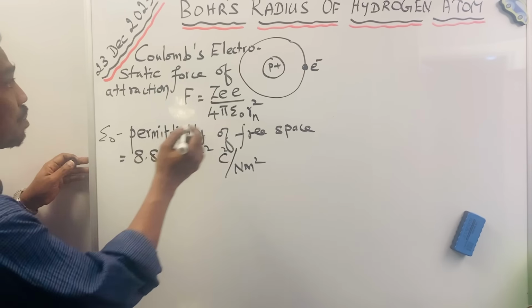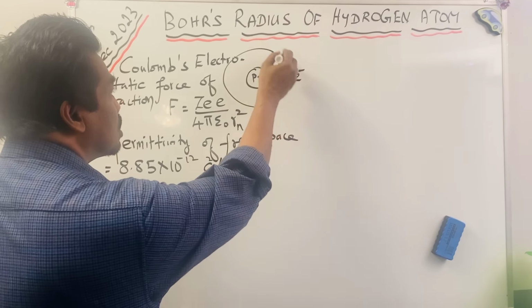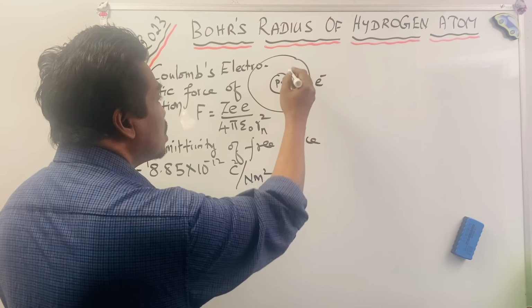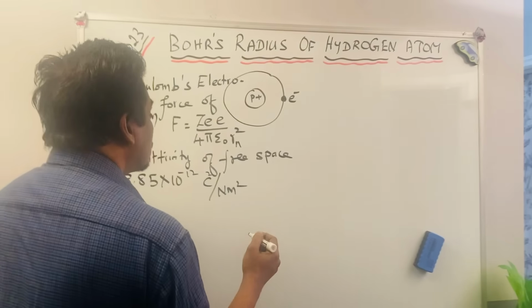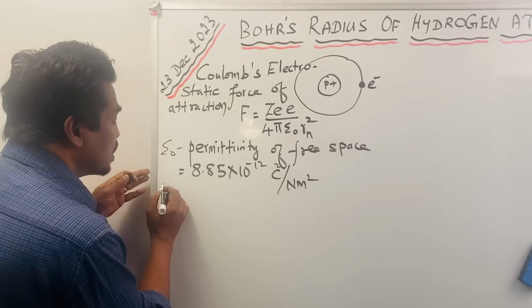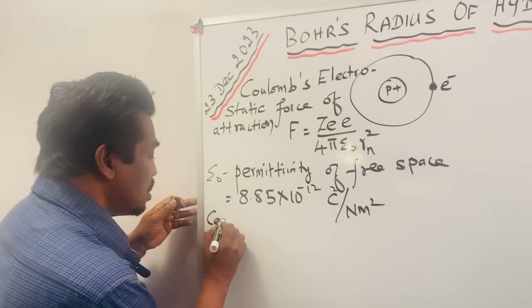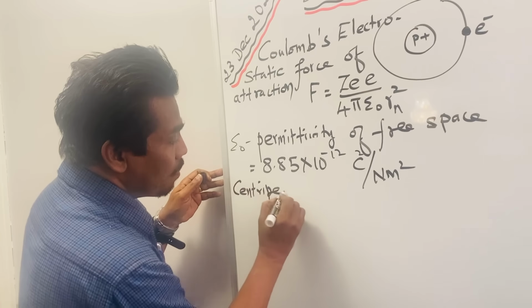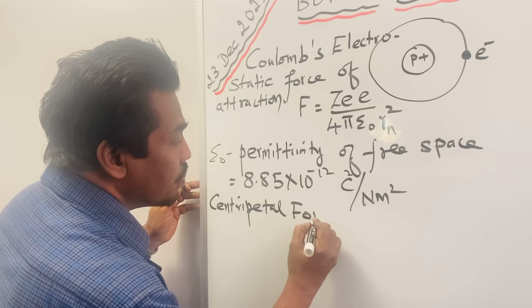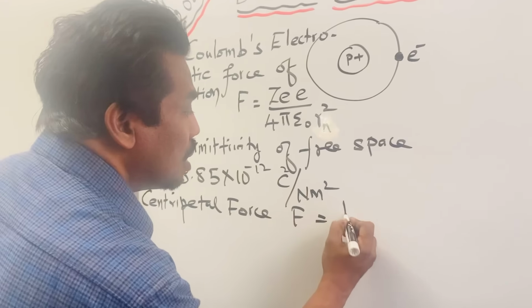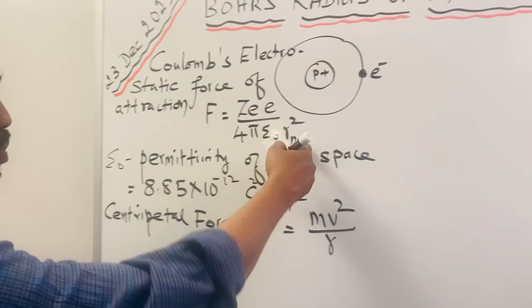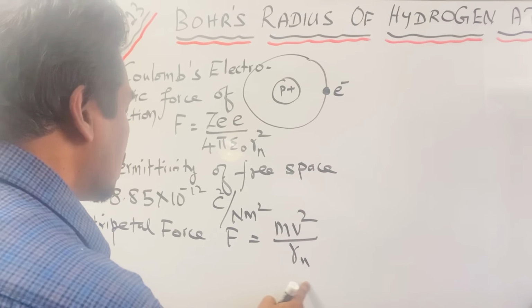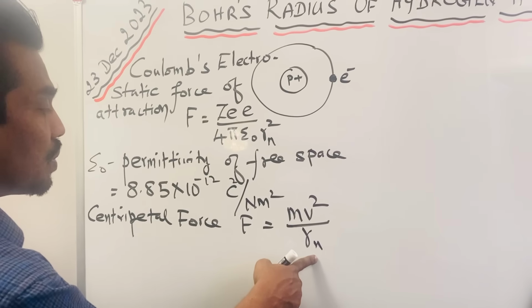Then the electron is rotating around the orbit, so it must be supported by the centripetal force. The centripetal force F is equal to m v square by r. We can give different values for n.